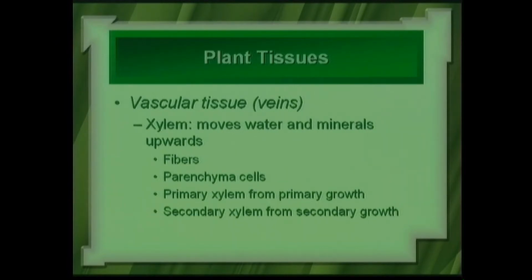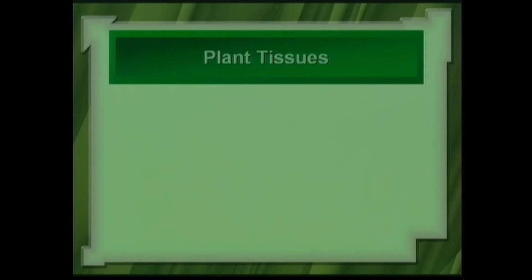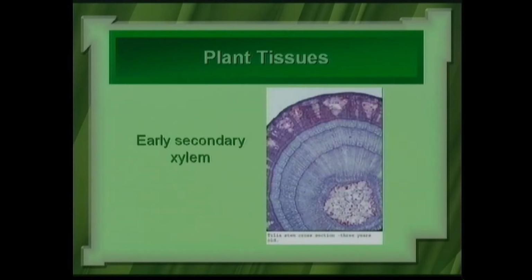Now, secondary xylem comes from secondary growth, and secondary growth is growth from the secondary meristems, which include the vascular cambium, and also the cork cambium. Remember, we talked about the cork cambium being responsible for growth of cork or bark.